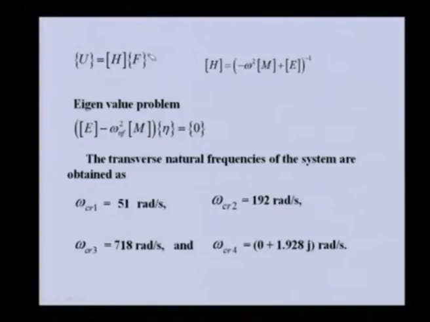You can see that in the eigenvalue problem, if we take the inverse of this, it will be this into u. That means this has to come to this side, and this is the response.